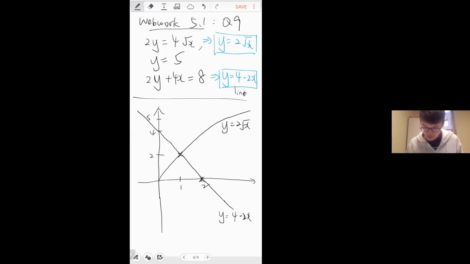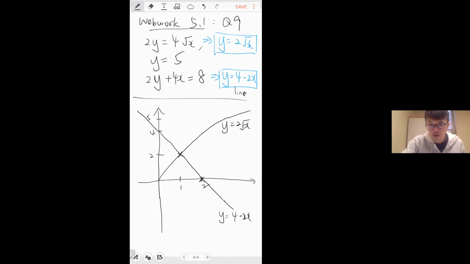And the question is, what is the area between these two curves? Sketch the region enclosed by the curves given below.